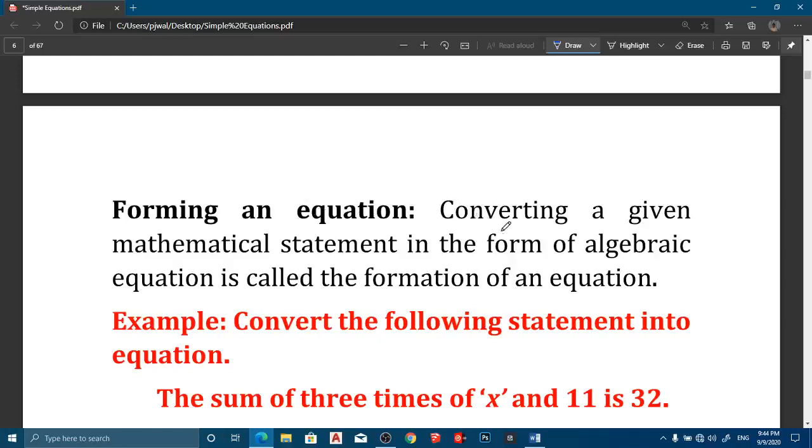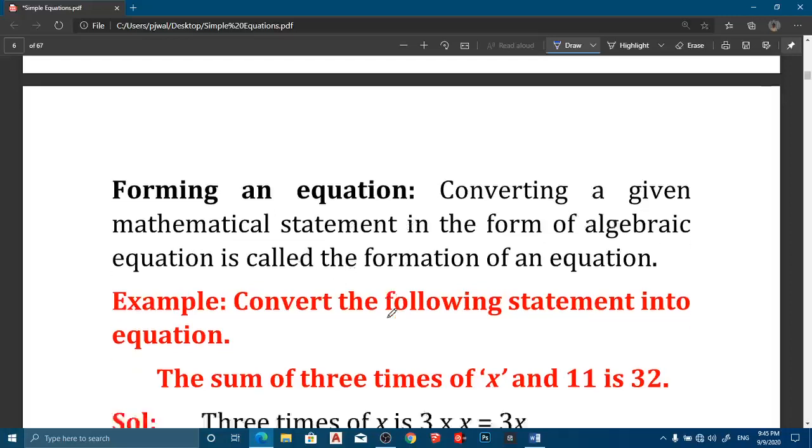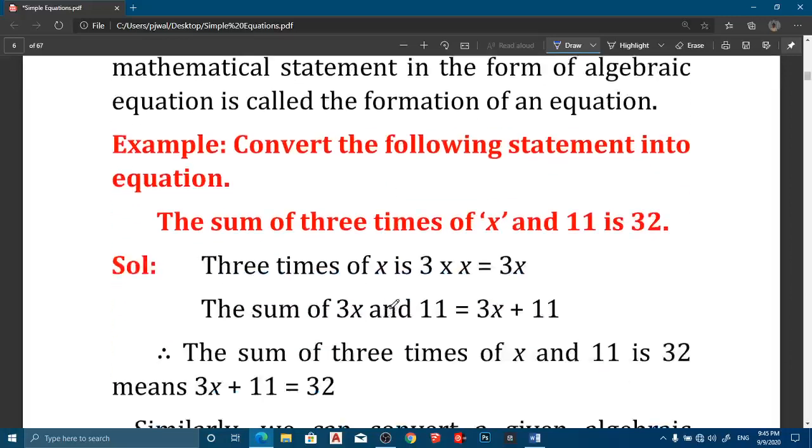So converting a given mathematical statement in the form of an algebraic equation is called the formation of an equation. Whatever the statement is given in the form of words, you have to convert into the form of numbers or literal factors, and you can convert them into the equation. That is called the formation of an equation.